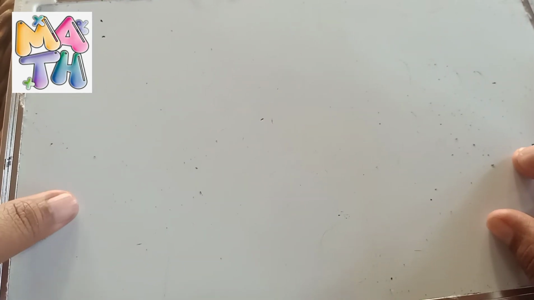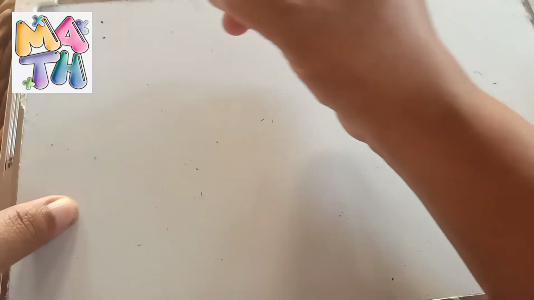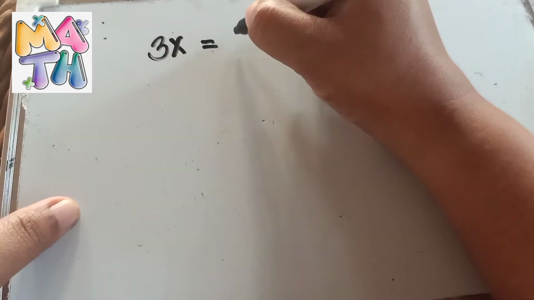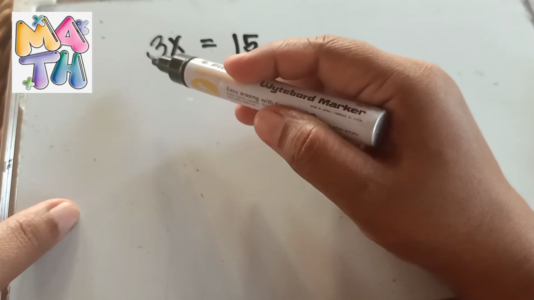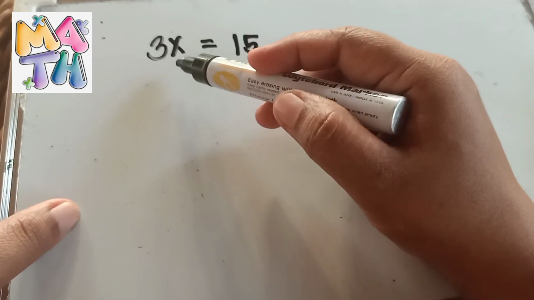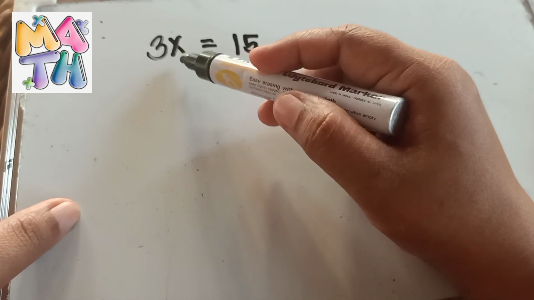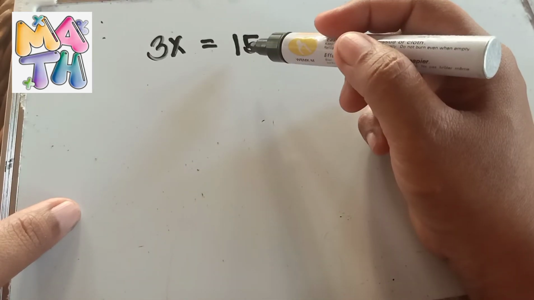This time, we have another example that involves multiplication. So, for example, you have 3x is equal to 15. Since 3 is beside a variable x, it means that 3 is multiplied to x, or 3 times x is equal to 15.